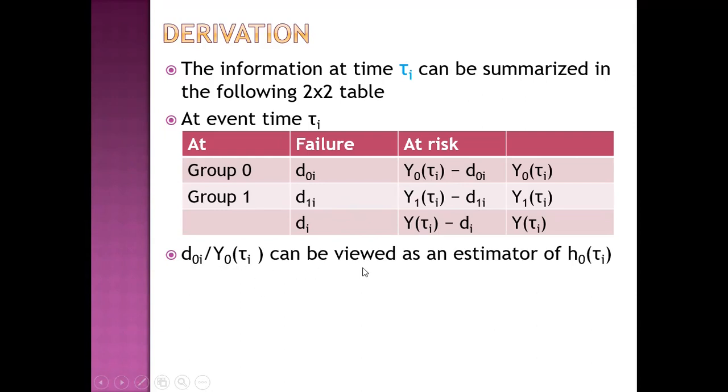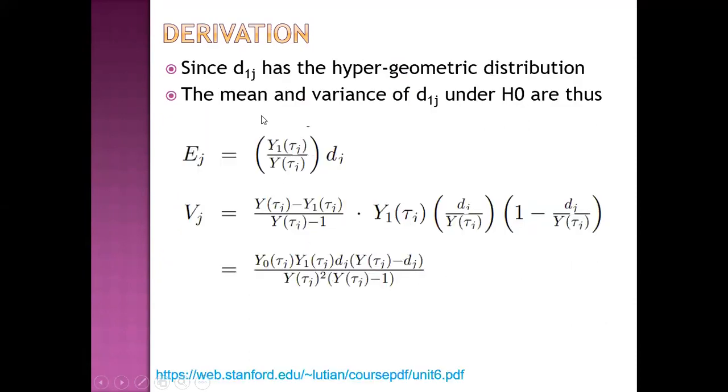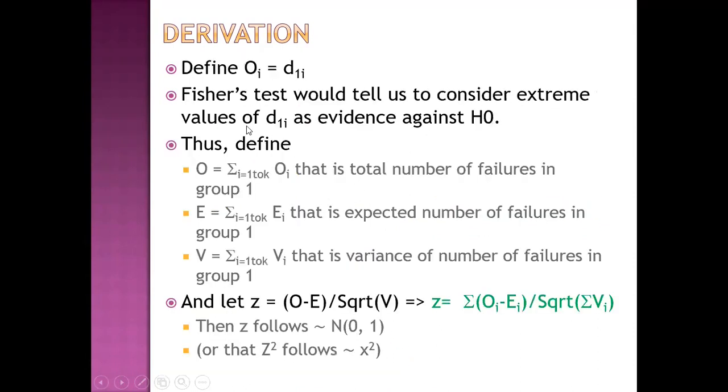This ratio can be viewed as an estimator of the hazard function at this event time. Since d1i has the hypergeometric distribution, the mean and variance of d1i under the null hypothesis are these. I have taken this from this website resource.